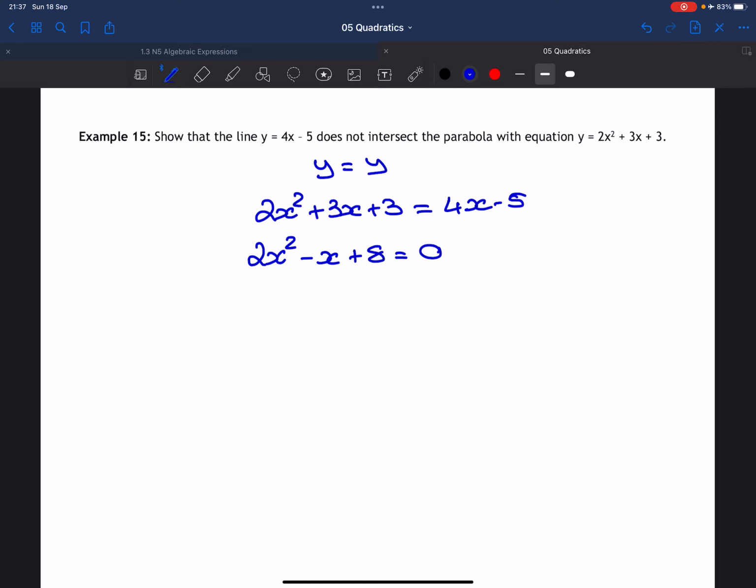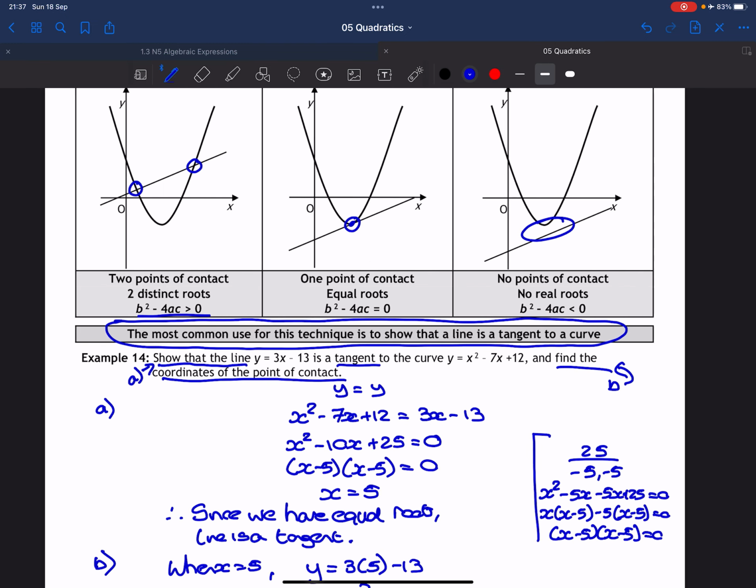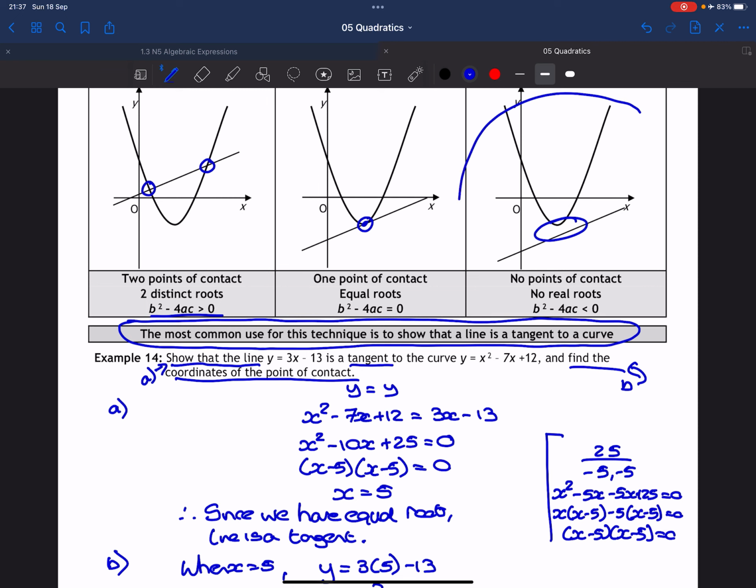Now, to show that a line does not intersect the parabola, we think of the situation where the discriminant has to be less than 0. That is my proof that there is no point of contact.